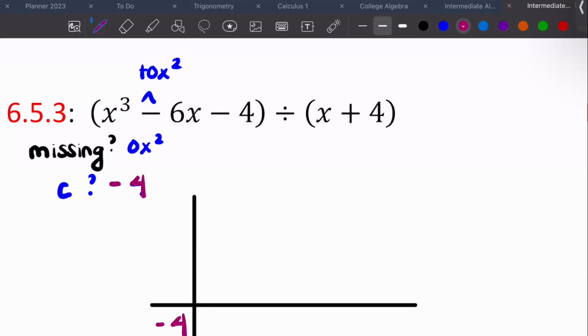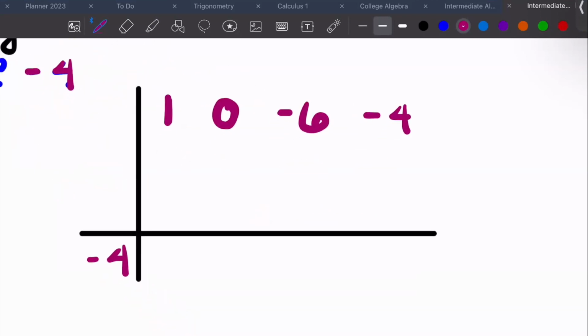Let's list our coefficients: 1, 0, -6, -4. If you're going to make a mistake with these, it's going to be forgetting that 0. That 0 is the placeholder for our x squared. Now we just do our procedure.